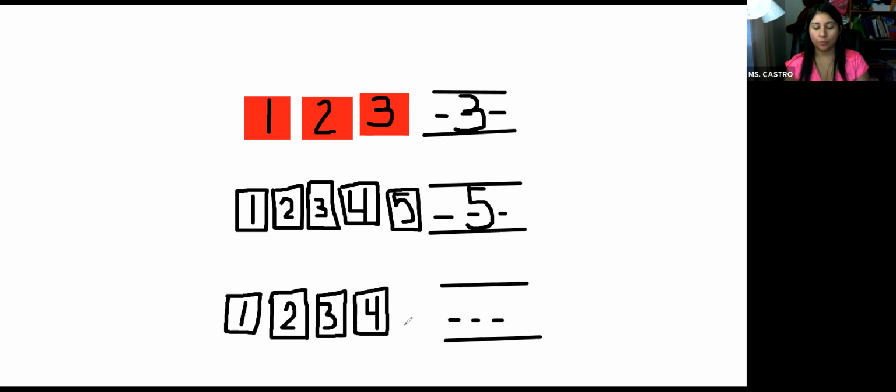Okay. So if we illustrated 4 squares, the number that we write on the line is going to be the number 4. Excellent job.